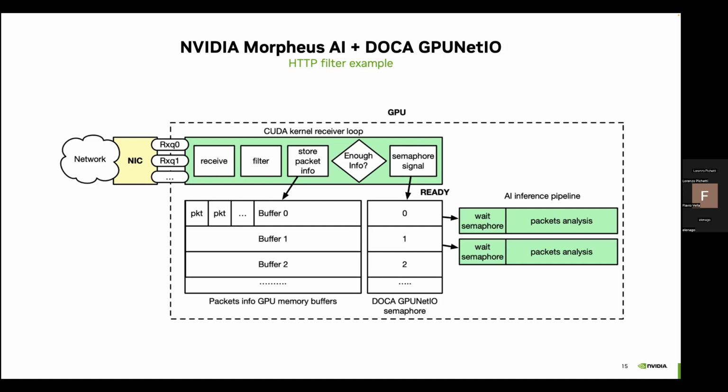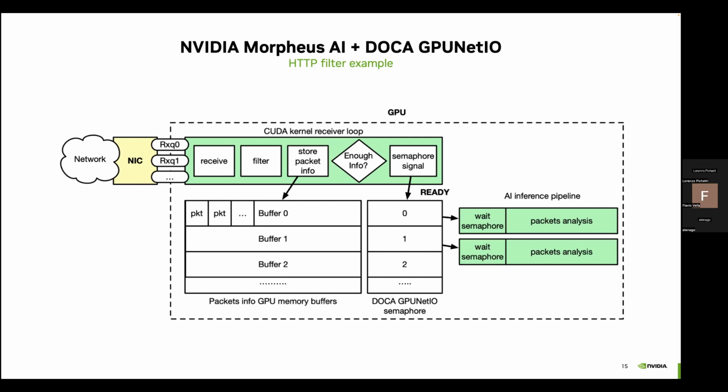You can think that you pre-allocated a list of GPU memory buffers, each one capable of holding a list of packet information. Once the first buffer is full, so we accumulate enough packet information, the CUDA kernel sets to ready the first item of the DOCA GPUNetIO semaphores, which means the first buffer is full of packet info.